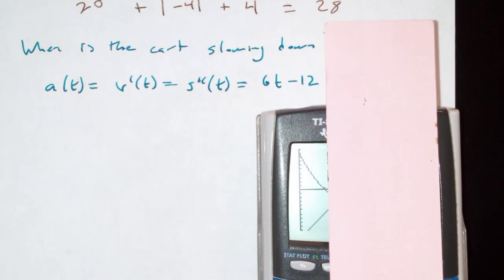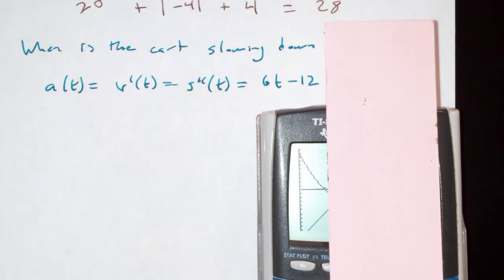So during this time, my velocity is positive. I'm going to the right. But my acceleration is negative. It's to the left. So we are moving this way and being pushed that way.